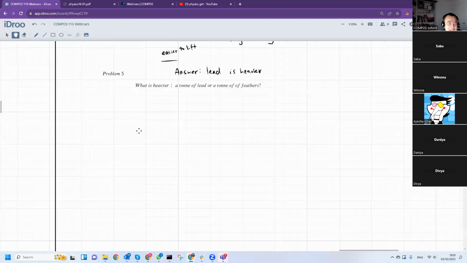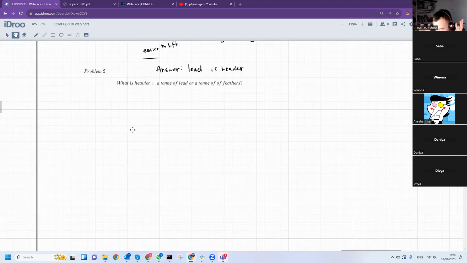So how does it work? If you place anything into any fluid, there is an upthrust force. If you place a brick into water, there is an upthrust force.